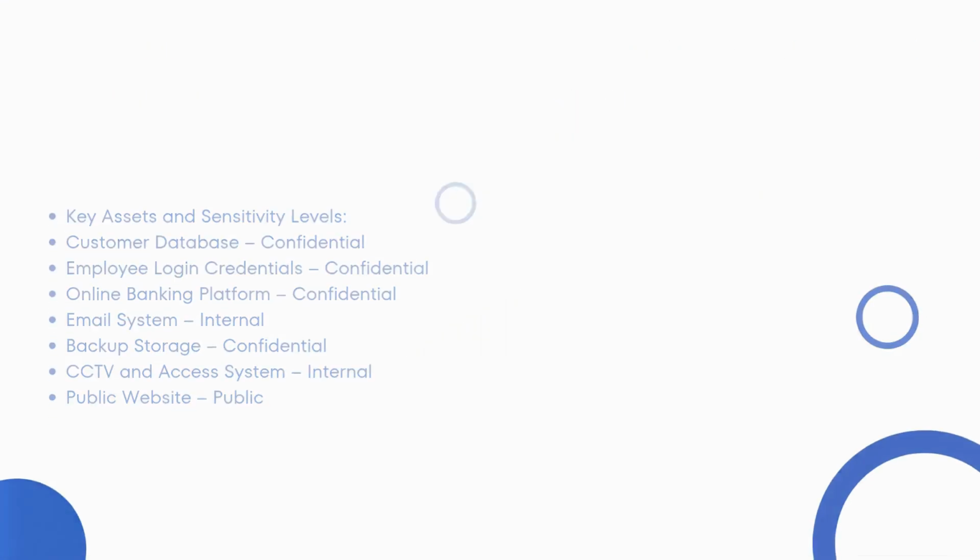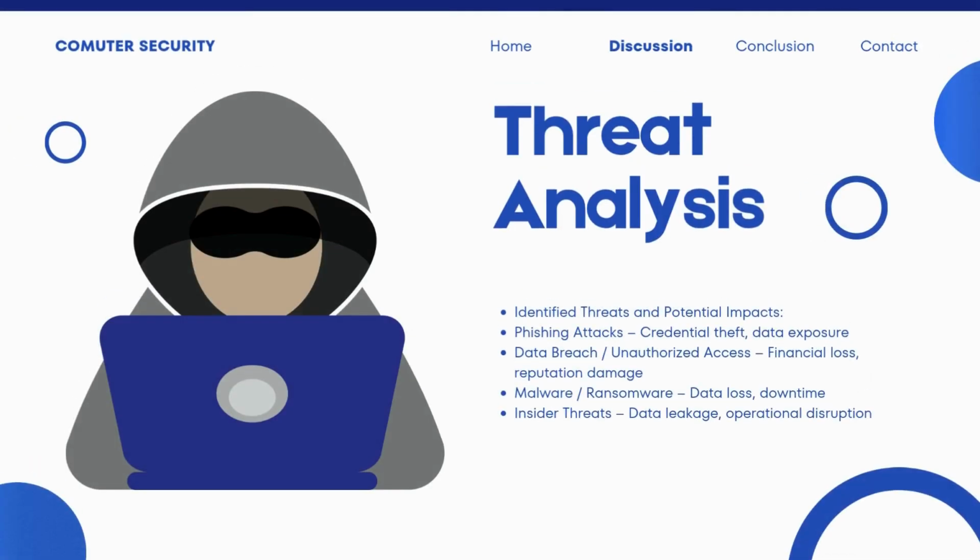Okay, thank you, my friend Avinash. Next, I will be continuing the next slides, which is threat analysis. We perform a threat analysis to identify the possible security risks that could affect the bank.